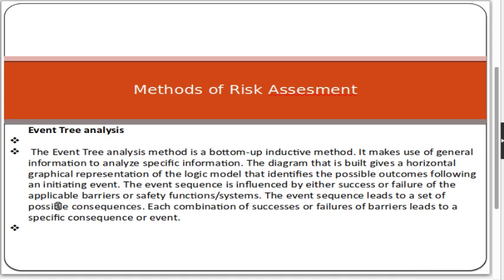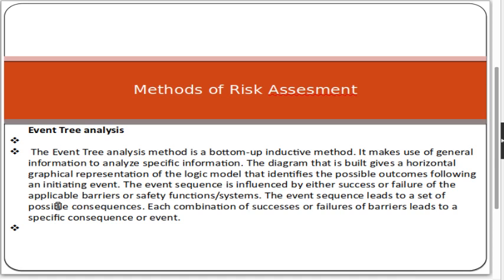The diagram that is built gives a graphical representation of the logical model that identifies the possible outcomes following the initiating event. The event sequence is influenced by either success or failure of the applicable barriers or safety function system. The event sequence leads to a set of possible consequences. Each combination of success or failure of barriers leads to a specific consequence.